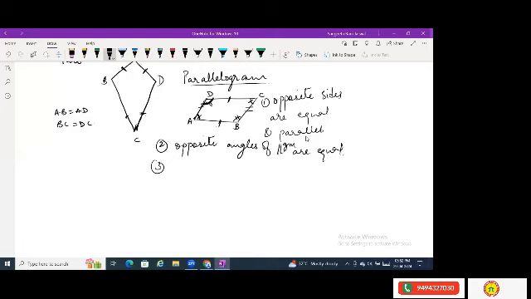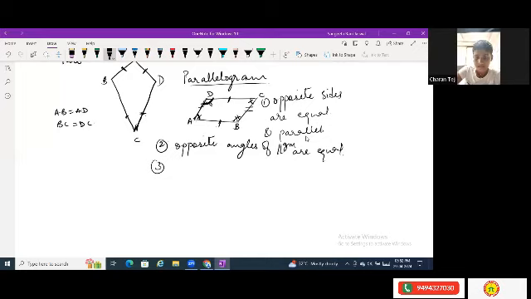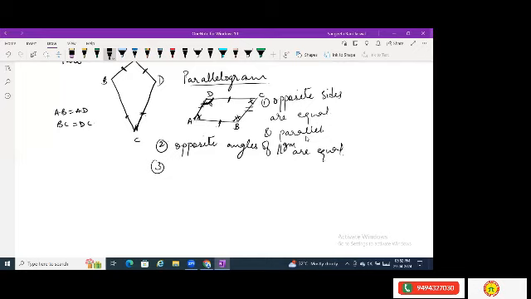Angle A and B are also adjacent because they are also sharing a common arm between them, right? Are you understanding? Yes. Similarly, B and C are adjacent because they have a common arm between them. Similarly, C and D are also adjacent because they have a common arm between them.